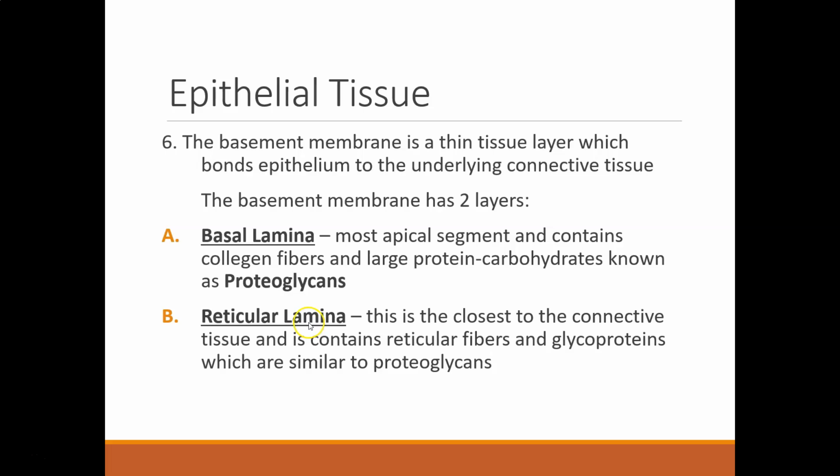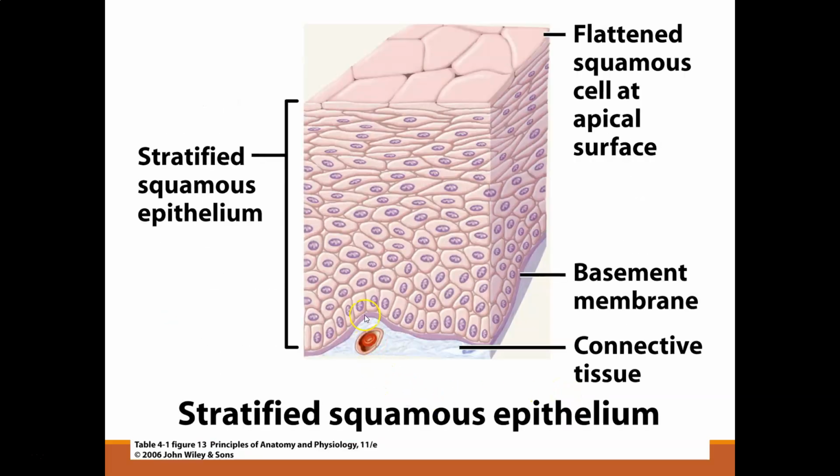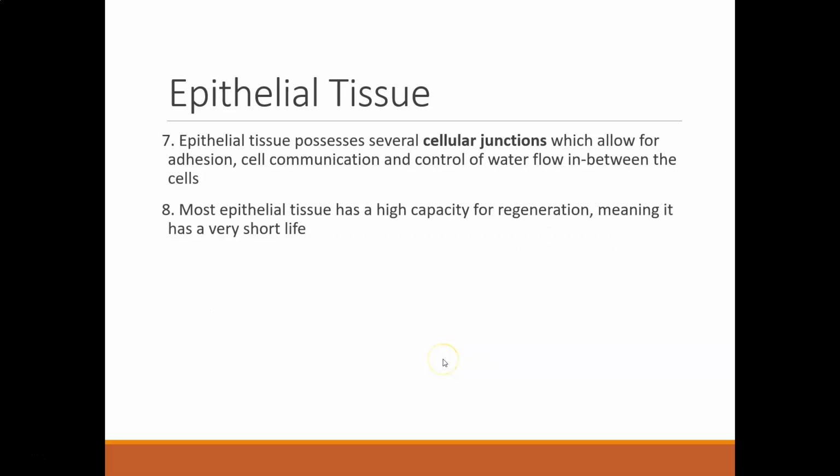The reticular lamina is closest to the connective tissue layer, which is the deepest, and it contains reticular fibers and glycoproteins, which are similar to the proteoglycans. So again, we can see in the diagram here our upper basilar part of the basement membrane and our lower reticular part.